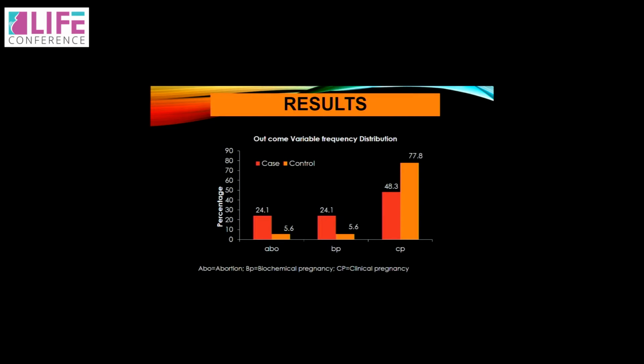So if you looked at the biochemical pregnancy rate, again 24.1% with biochemical pregnancies in those that had the thyroid antibodies positive, and 5.6% in those that did not. But when you come to clinical pregnancy rates, those that had the thyroid antibodies, there was a 48% success, but 77.8% in those that did not have the thyroid antibodies.